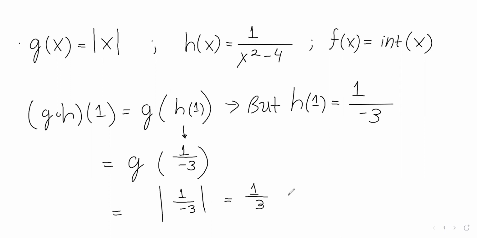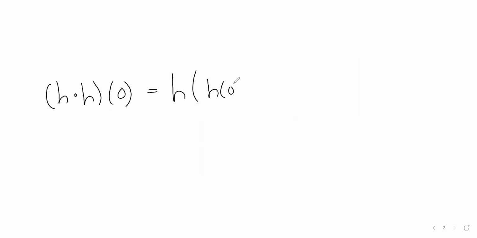Good, and then I'd like to do just one more example. Suppose you have h of h of 0. So I write this with an extra set of parentheses.